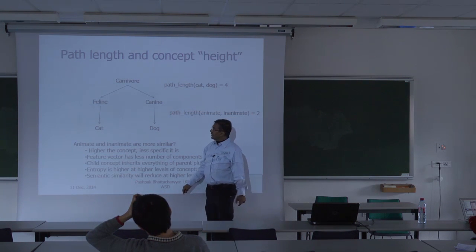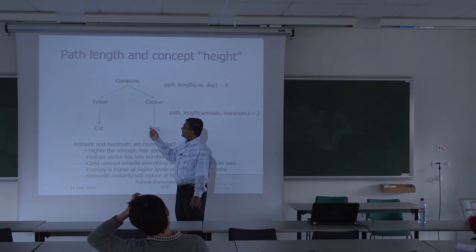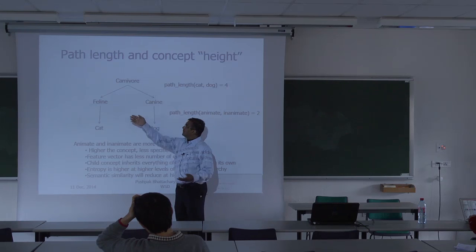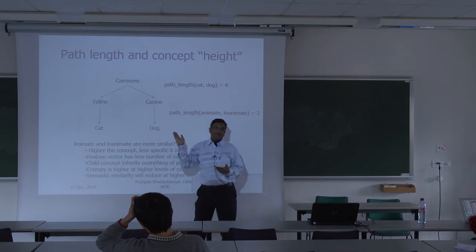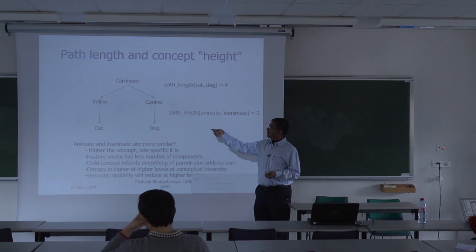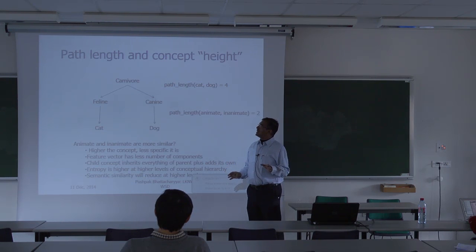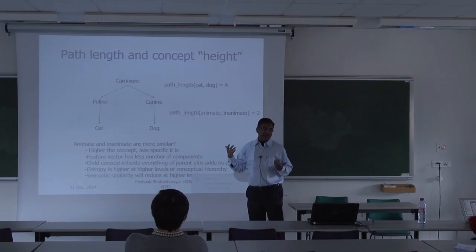Okay. So, you could for example have animate, inanimate here, they also have the same distance, maybe a path length of 4, but that similarity is much less compared to the similarity between cat and dog. So, similarity of entities depends not only on the distance between them in the ontology, but also their height.